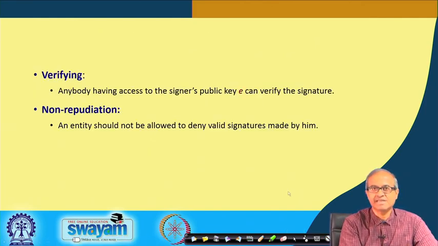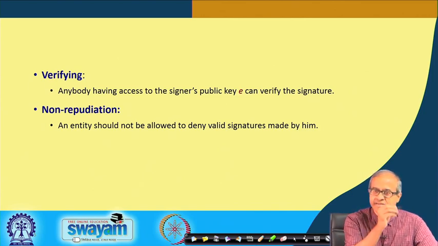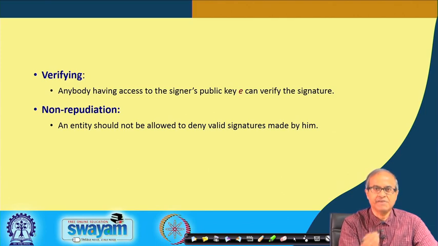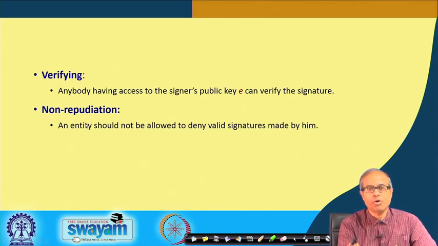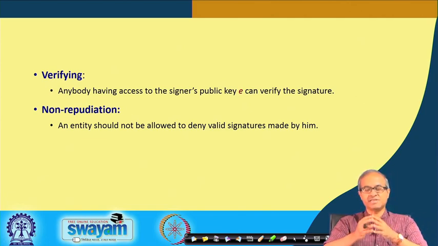For verifying the signature, as I said, the signature was done using the private key of the person who is signing. Verification can be done by using the public key of the person. This is the property of public key cryptography, and this also allows non-repudiation because of the strength of the public key algorithm. Well, I am assuming quantum computers are not there in the picture.